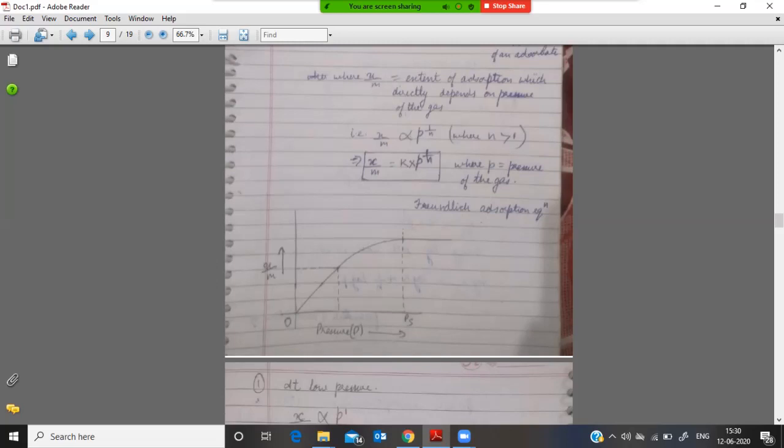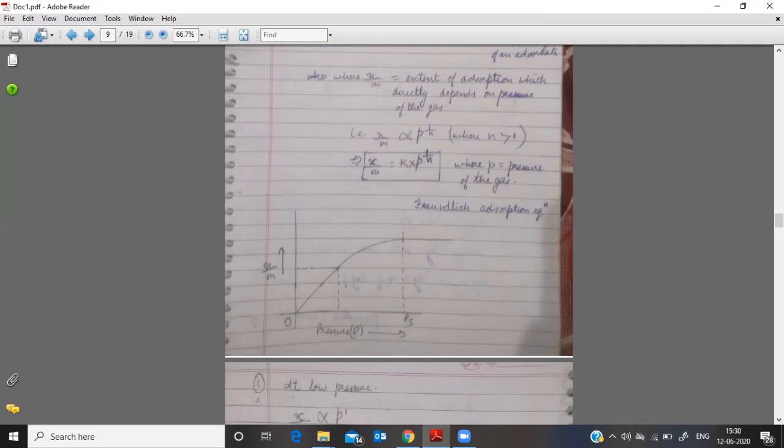This stage is known as the saturation stage. So again, I repeat, when we increase the pressure gradually on the x-axis, we see that at a particular stage the extent of adsorption becomes constant.